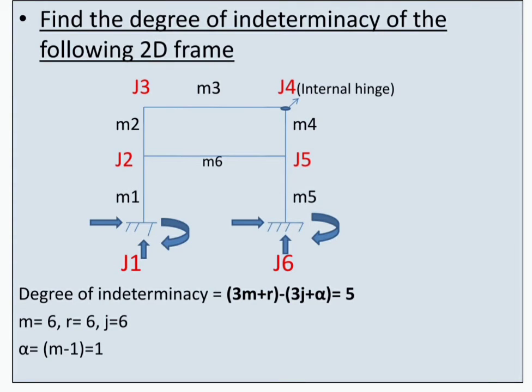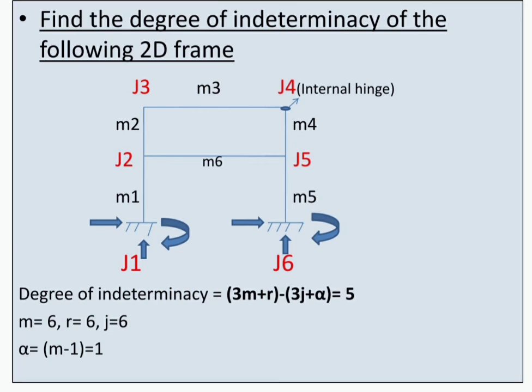Moving on to the next example, we can see there is a 2D frame structure with 2 fixed supports, and for fixed supports we have 3 reactions each. There are 2 fixed supports, so the total reactions will be 6 for this structure. And we can also see there are a total of 6 members and 6 joints, and there is also an internal hinge in the structure.